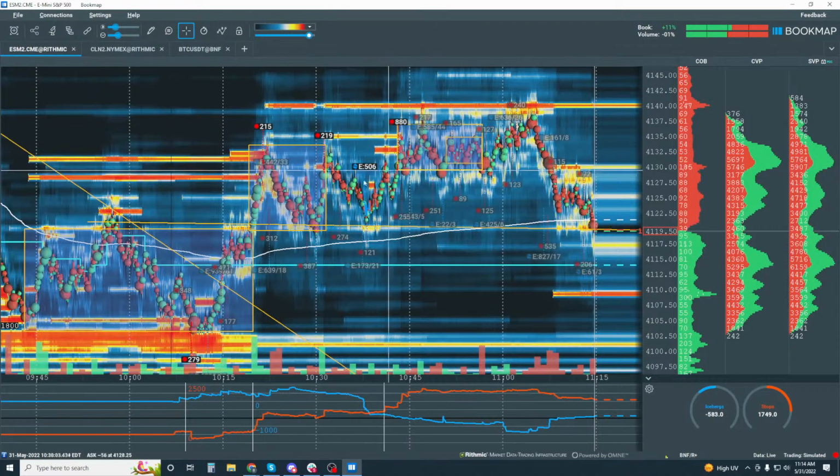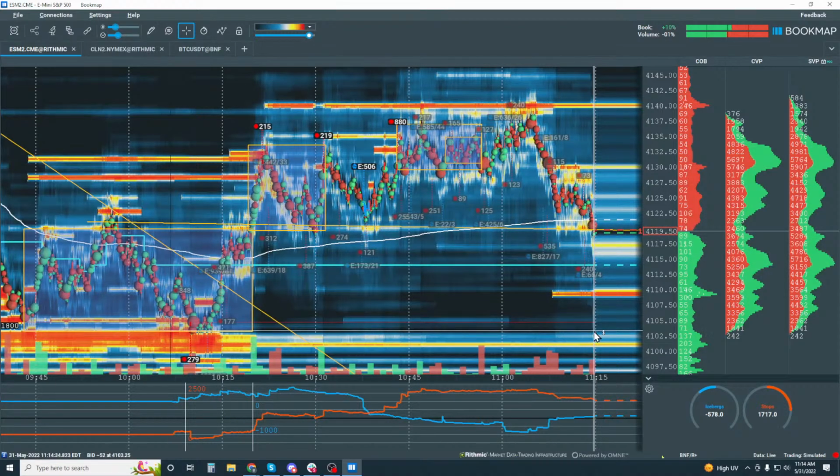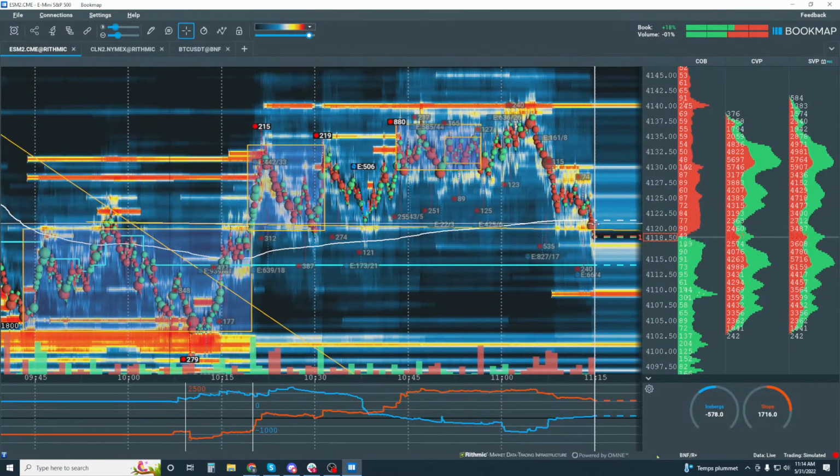That happens a lot after these kinds of grinding moves higher. It just blazes right through it, back down to point of control, and then even bottom of the range. You keep waiting, and then you think, oh, I'll buy the pullback, and you just won't get a chance to buy the pullback or sell the pullback.